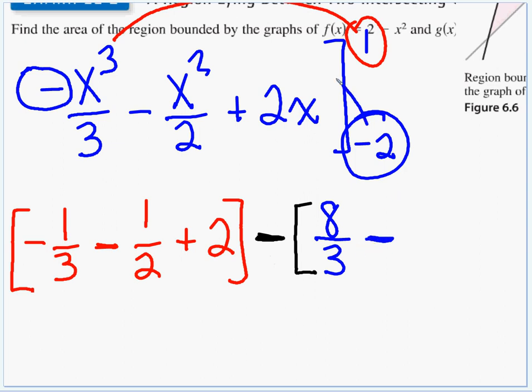Minus, negative 2 hops in for this x squared. Negative 2 squared is positive 4, so that's going to become minus 4/2, or I guess we could just replace that with a 2. And then the negative 2 is going to hop right in here. Negative 2 times 2 turns into a minus 4.